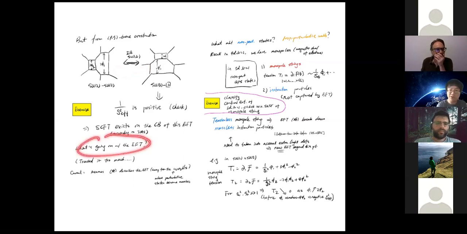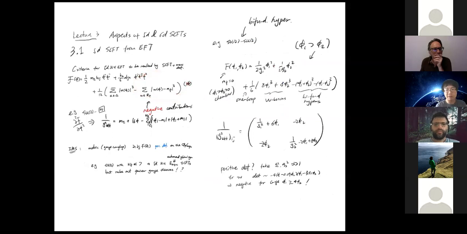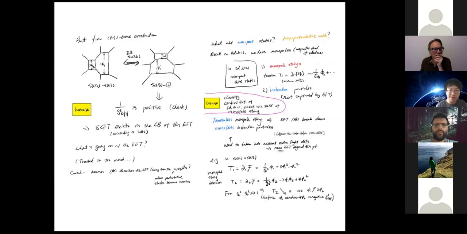Something went wrong in the EFT analysis. The problem was that we trusted the EFT analysis too much, beyond the regime where it can be trusted. The caveat that we forgot was that the quantum prepotential keeps track of how perturbative particles become massless, like W bosons and hypermultiplets, but it doesn't quite keep track of how non-perturbative particles become massless.